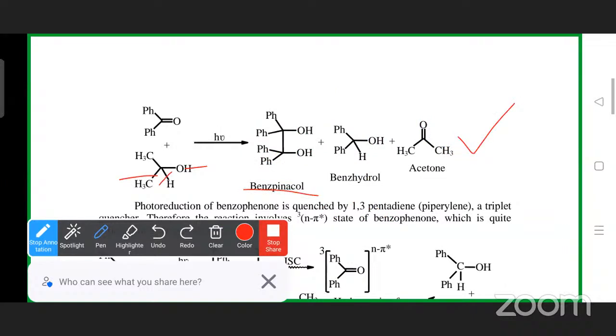So it converts into an acetone compound, and this converts into benzhydrol. Benzhydrol is the major product, and sometimes you can expect the dimerization product also. So these are the photoreduction products.